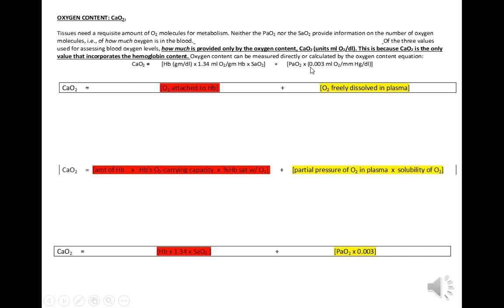So this is another one you have to memorize for the other side of the equation, the 0.003 milliliters of oxygen per deciliter of blood that can be dissolved in the plasma. So it takes absolutely all the oxygen you can get in 1 deciliter of blood and gives you this CaO2. Okay, and here's the equation, what it should look like, what you should memorize. I think this is the best one to memorize as you're going through this.